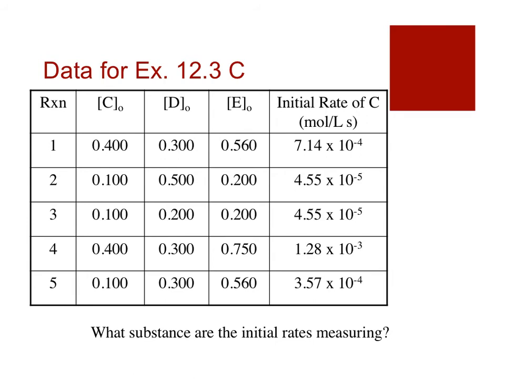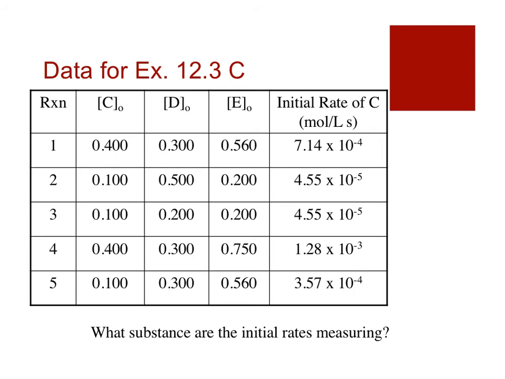Now, in order to isolate these variables, we need to find each variable changing while the other 2 are held constant. So let's go ahead and do the most difficult one first. We'll just do them in order C, D, and E. C happens to be the hardest one. If I look at trials 1 and 5, D and E are held constant.